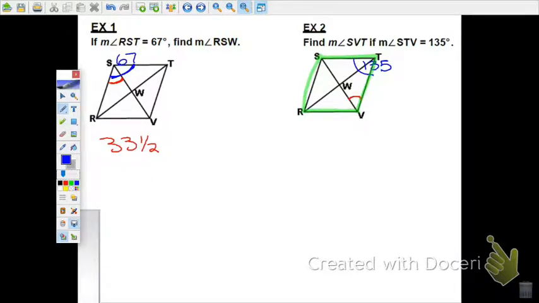Opposite angles are congruent. So angle R would also be 135. What else do I know about angles in a parallelogram? Consecutive angles are supplementary, which means angle V is going to be how much? 45.